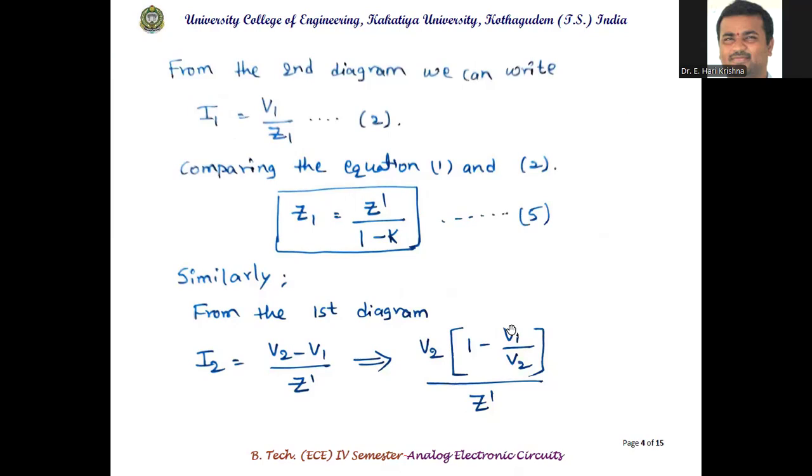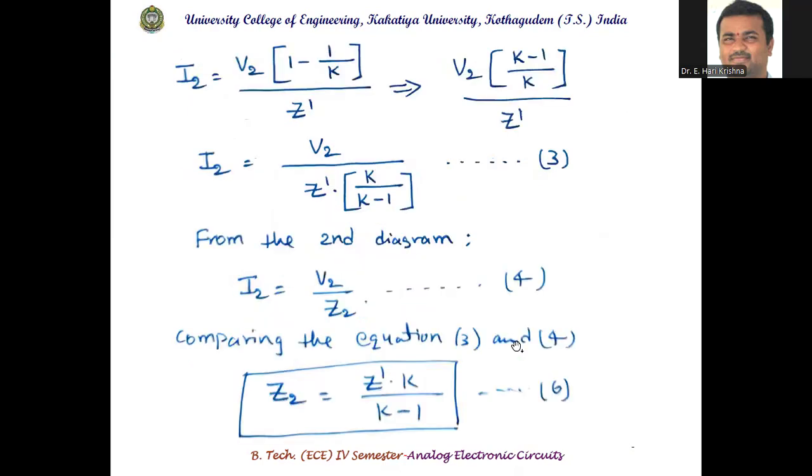V2 by V1 is K, so V1 by V2 will become 1 by K. Making the substitution, I2 is equal to V2 into 1 minus 1 by K, by Z dash. Making it simpler, I2 is equal to V2 by Z2, and equating 3 and 4 gives Z2 is equal to Z dash into K by K minus 1.